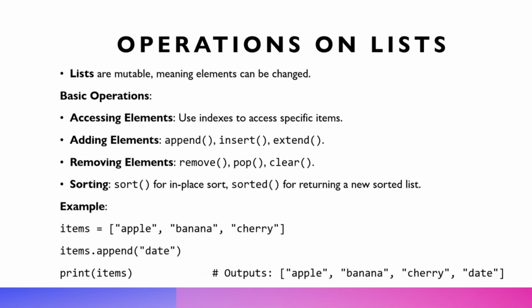Moving to the examples, here items is assigned a list which contains apple, banana and cherry. We are appending date to the items. The element which you are appending into the list should be placed in between these brackets only. By printing this list, we get date at the end of the list.